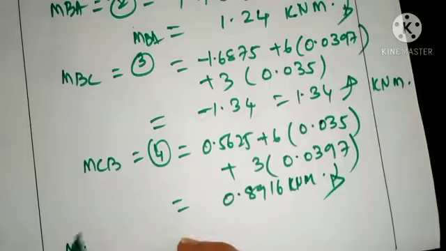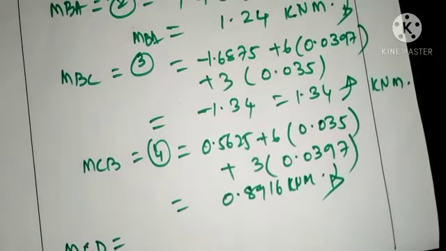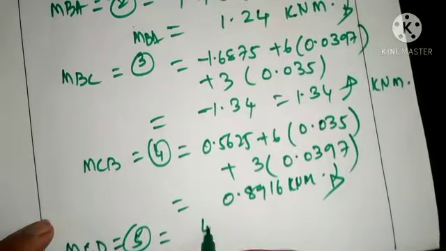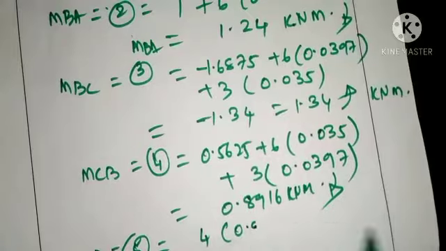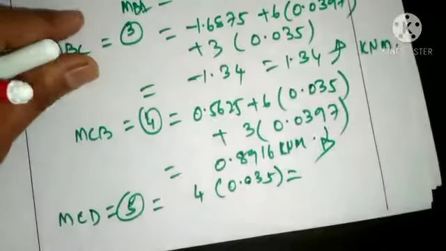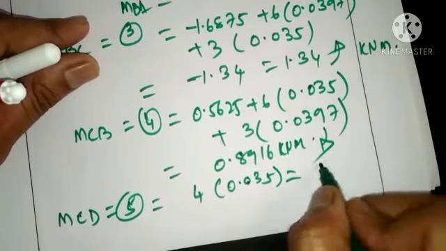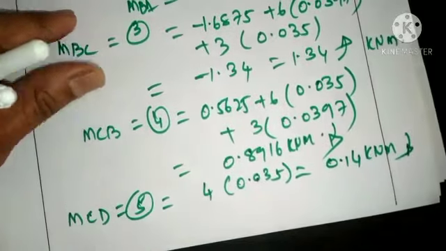Likewise, MCD is equation number 5, which is 4 EI theta C, which is 4 into 0.035, which is 0.14 kilonewton meter clockwise.